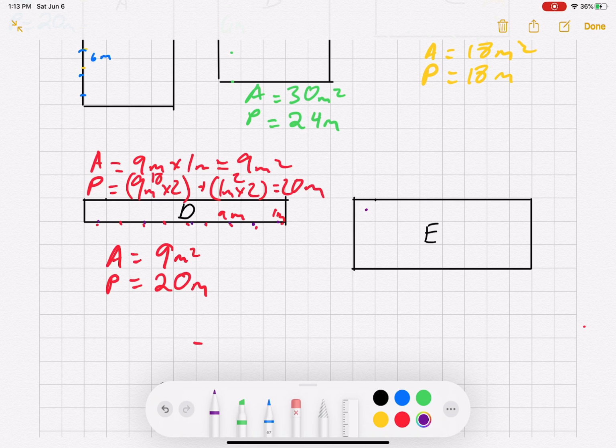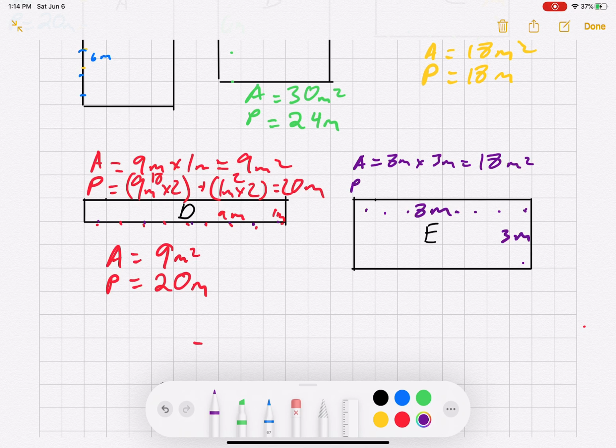I have 1, 2, 3, 4, 5, 6, 7, 8. So that would be 8 meters. I'm just pretending each one is a meter. 1, 2, 3. So that would be 3 meters. And so I have the area equals 8 meters times 3 meters, which equals 24 meters squared.